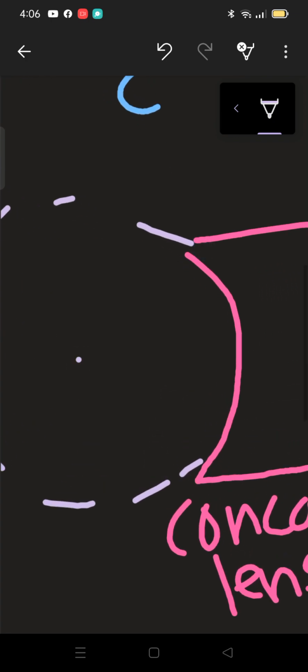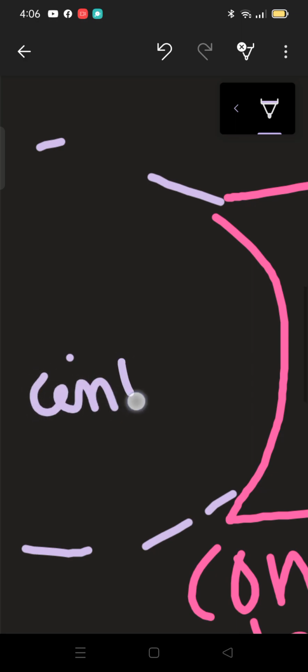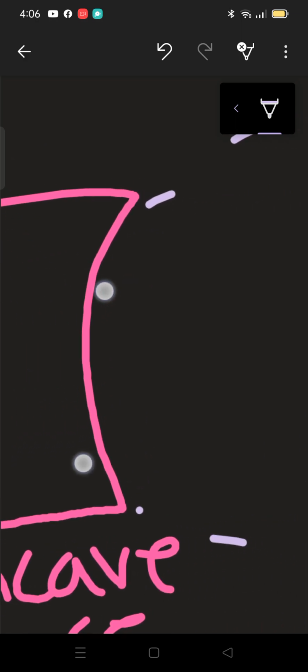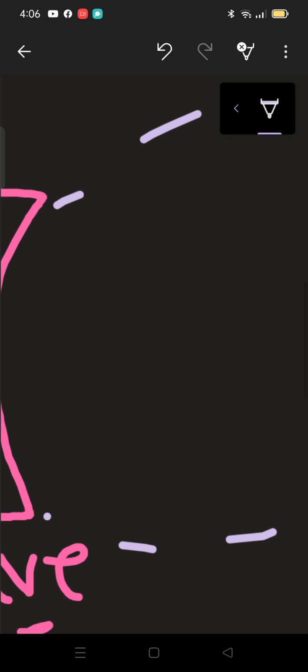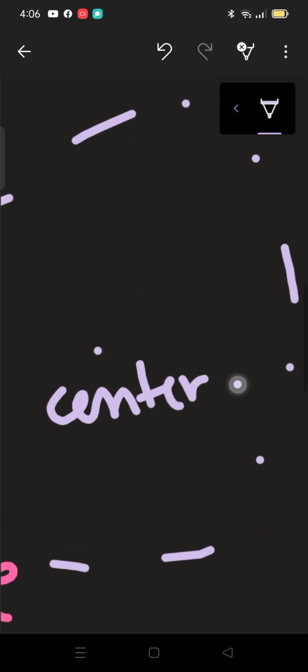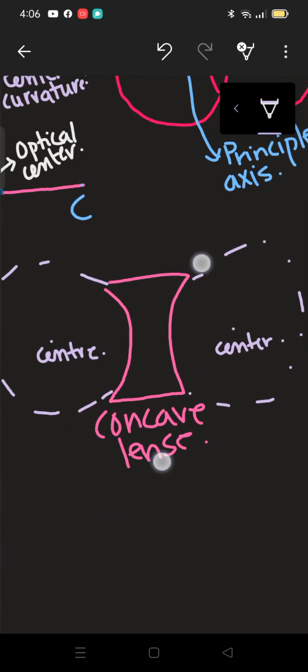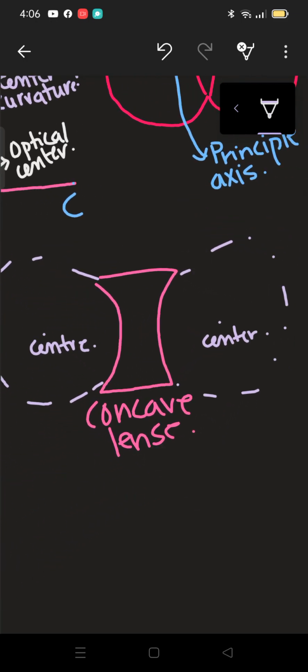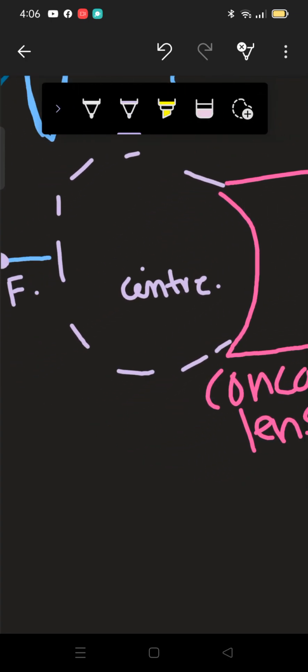Here we have the center of this sphere from which the lens is obtained, and here we have the center as well. This point, the center of the sphere, is known as the center of curvature.